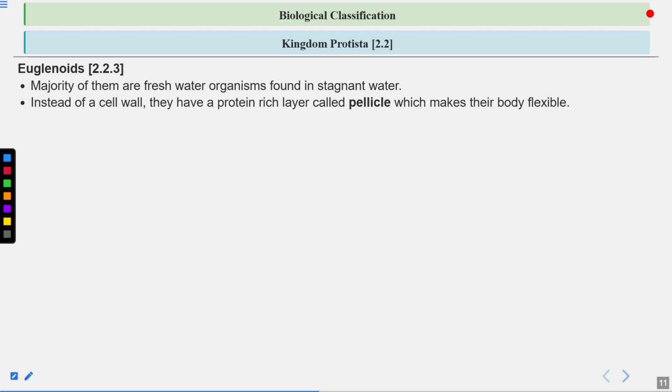Now instead of the cell wall, they have a protein-rich layer called pellicle which makes their body flexible. So you can see here, this is a characteristic feature of the euglenoids. So instead of the cell wall, they have a protein-rich pellicle. And because of this protein-rich pellicle, their body is very flexible. They have two flagella, a short and a long one.